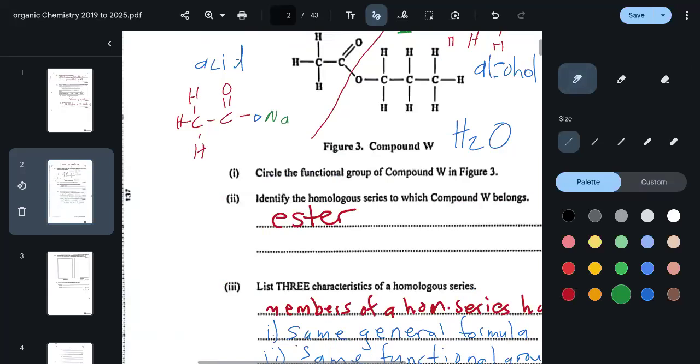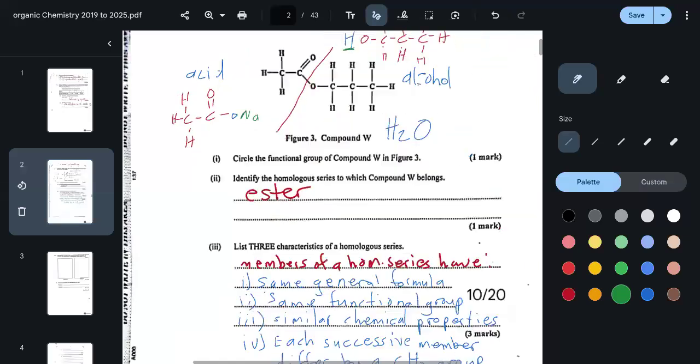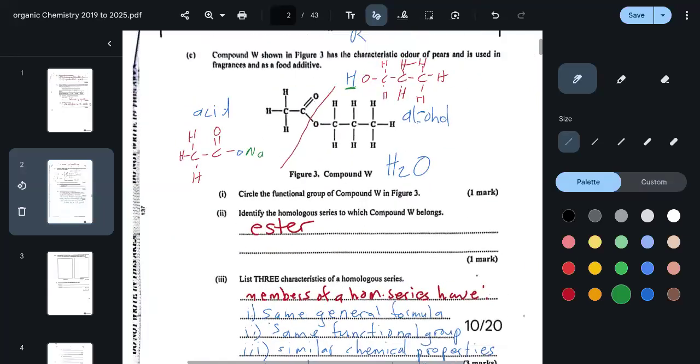So let me repeat. When you hydrolyze an ester with an acid, you get back the alcohol and you would get back the carboxylic acid. However, if you use an alkali instead, such as sodium hydroxide, you are going to get back the alcohol, but you are not going to get the carboxylic acid.